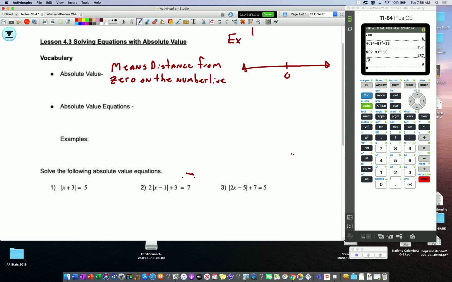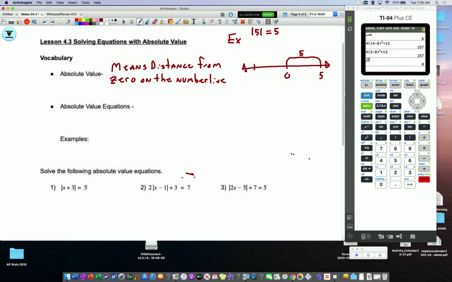If I take the absolute value of 5, here's 5. 5 is 5 units away from 0, so it equals 5. That's true for all positive numbers: the absolute value is going to equal what it is.